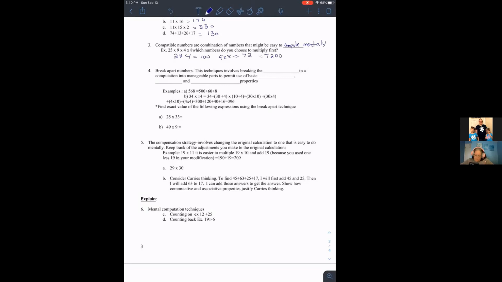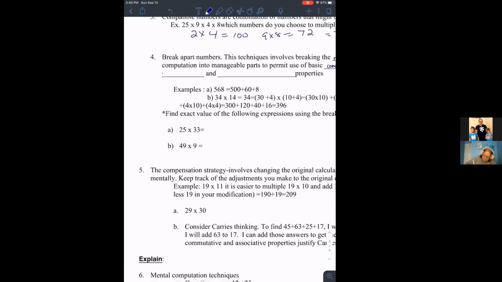Break apart numbers. This technique involves breaking the numbers in a computation into manageable parts to permit use of basic computative, associative, and distributive properties.